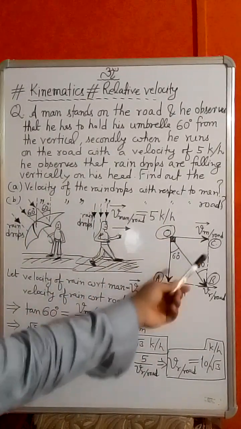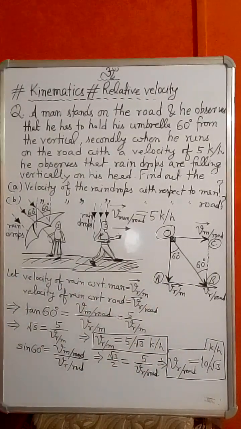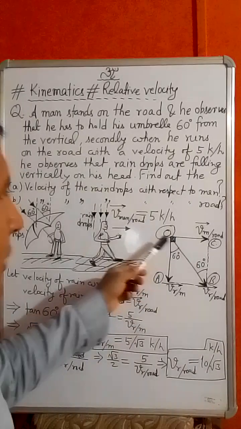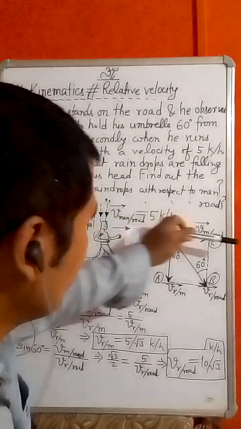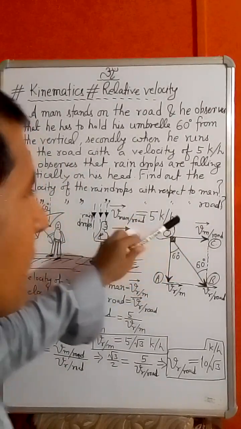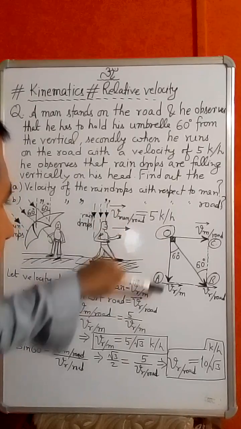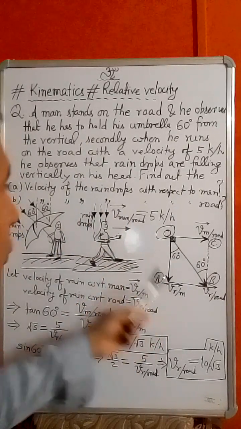Now look here. Let's make a vector representation of the velocities given. Let's suppose this is the origin. This is the velocity of the man with respect to road, and this is the velocity of raindrop with respect to man. Why?